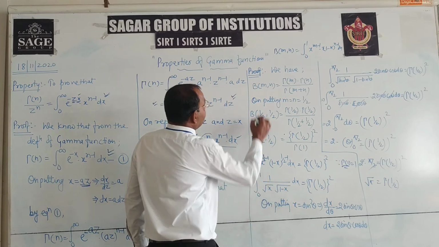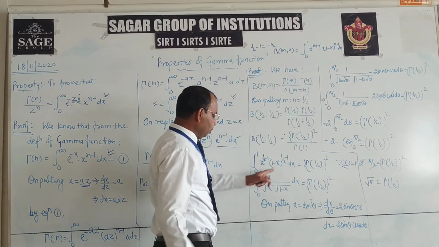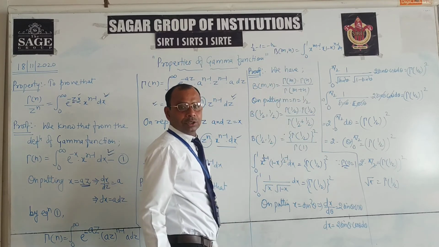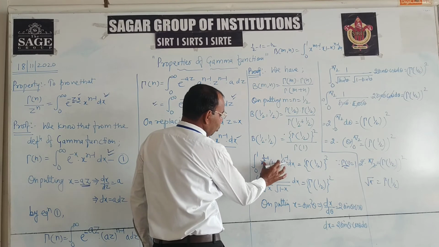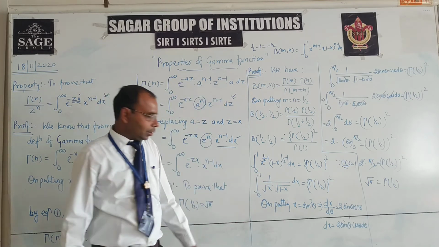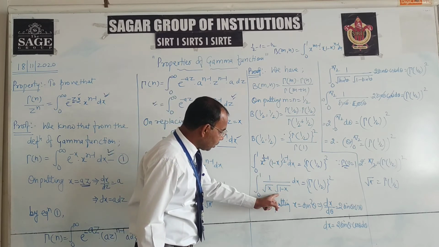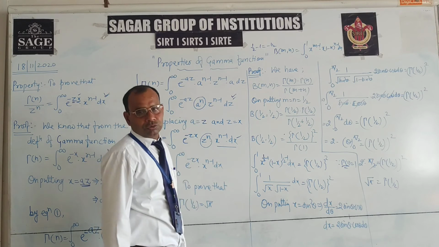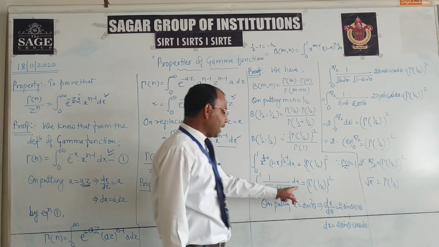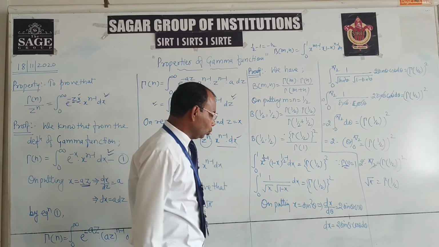Here 1 by 2 minus 1 is minus 1 by 2. Both are negative powers, so we change them to positive: 1 upon root x and 1 upon under root 1 minus x into dx is equal to gamma 1 by 2 to the power 2.